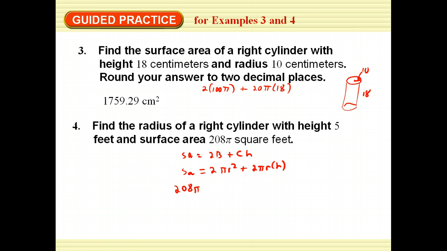208 pi is equal to 2 pi times r squared plus 2 pi r times h, so that's going to be 10 pi r. Notice that we've got r squared and r, so we're going to need to set this equal to 0. r squared plus 10 pi r minus 208 pi.